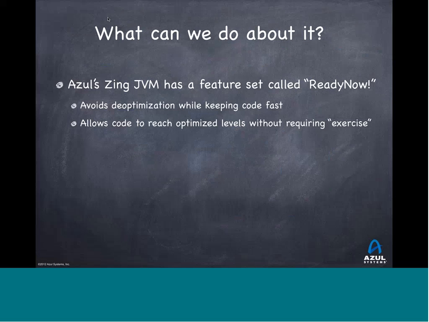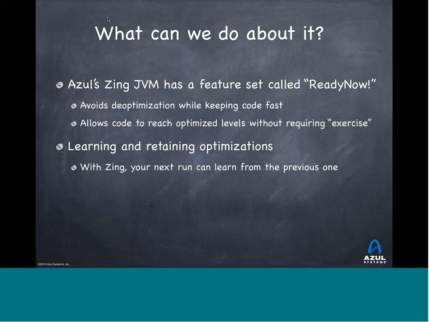Well, in the Azul Zing JVM, we have a feature set called ReadyNow, and ReadyNow gives us two key things. The first is it avoids de-optimizations while keeping code fast. The second, and a very powerful one, is that it allows code to reach optimized levels without requiring heavy exercise, without needing to run through tens of thousands of real-world operations before it reaches the speed that you actually want.